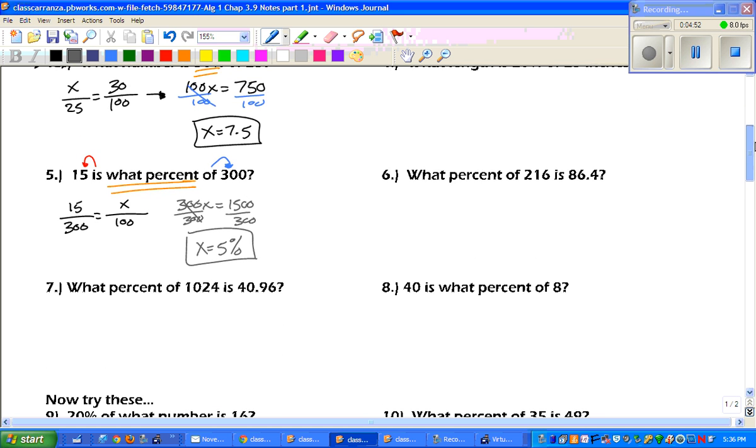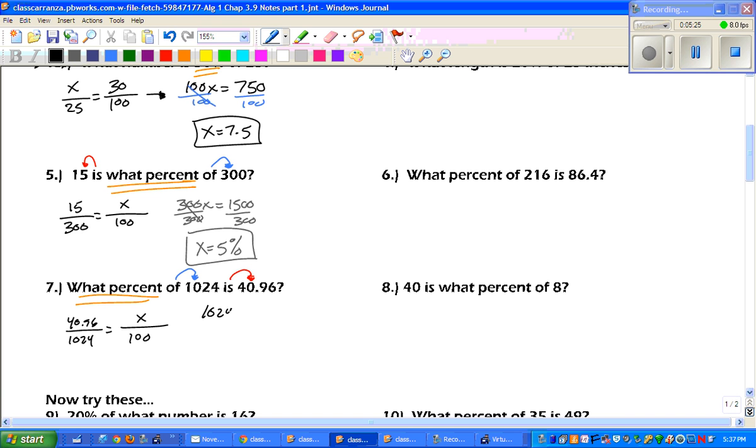All right, number 7. What percent of 24 is 40.96? Once again, we're looking for the percent, and the percent is over 100, of, and is.